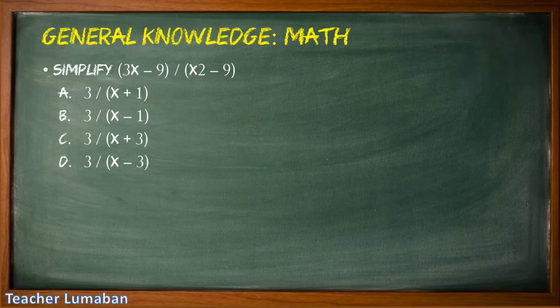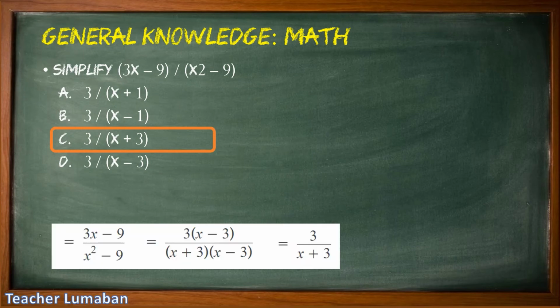The correct answer is letter C, 3 over x plus 3. The simplest form of 3x minus 9 over x squared minus 9 is 3 over x plus 3. To simplify, the first step is to write the problem as a mathematical expression: 3x minus 9 over x squared minus 9.